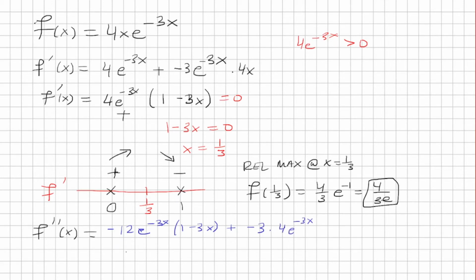And at this point, I can factor out a negative 12e to negative 3x and be left with 1 minus 3x plus 1, which is just negative 12e to negative 3x, and then 1 plus 1 gives me 2, 2 minus 3x.